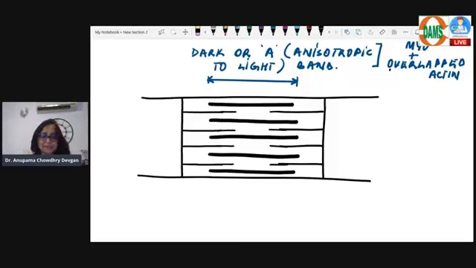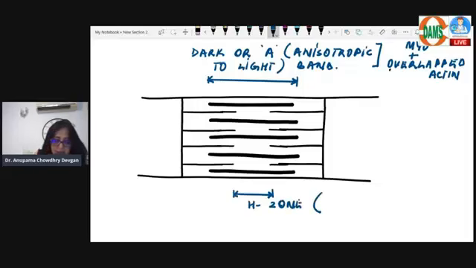Now, within the A band, you have a slightly lighter area, which is called the H zone. H zone is only myosin.